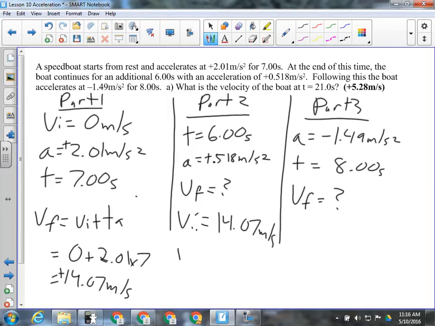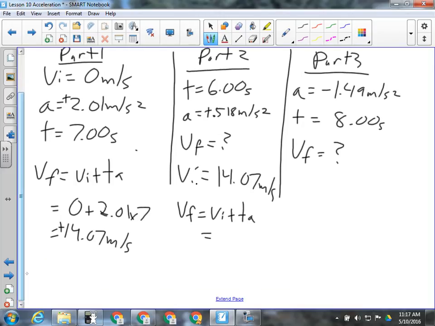Now I've got one more piece of information. So it's the same calculation. I got to find VF. So that's going to be VI plus T times A. Just some of those numbers are different now. So we've got 14.07 plus 6 seconds times 0.518. That's A, that's T, that's VI.